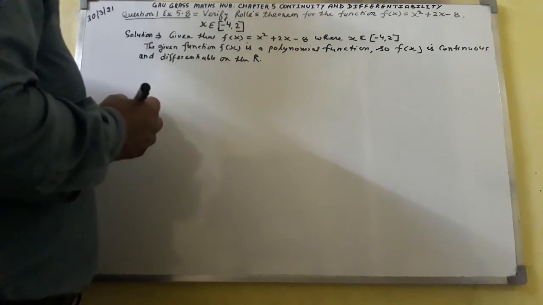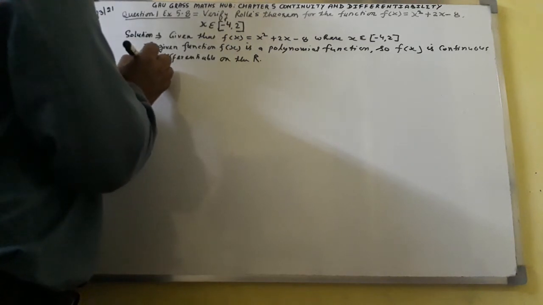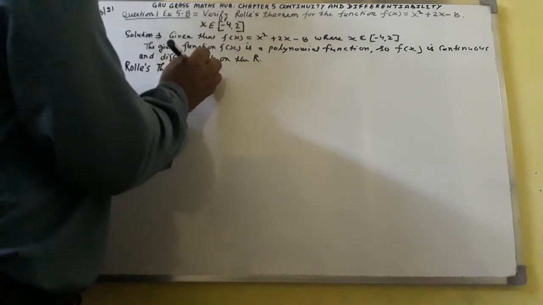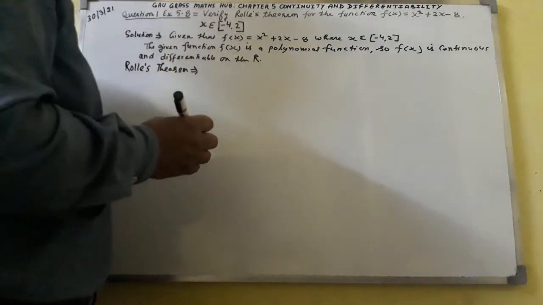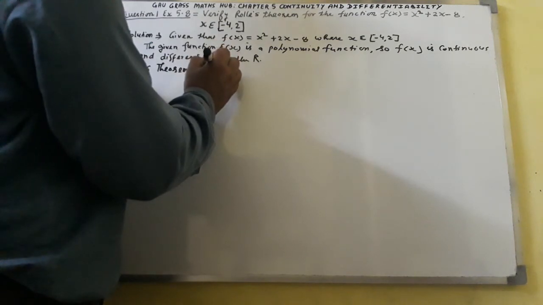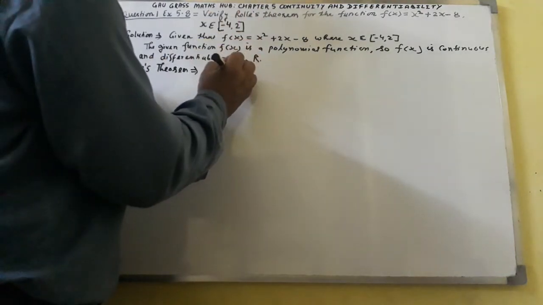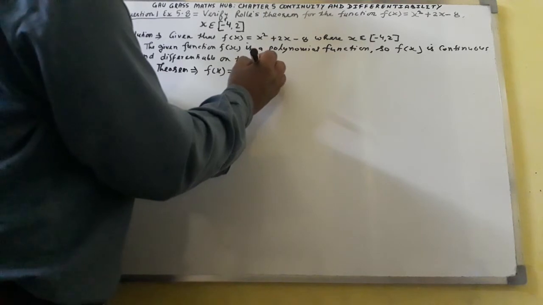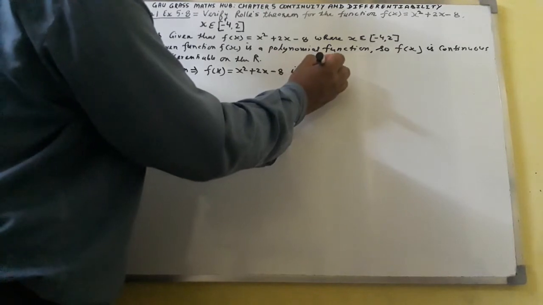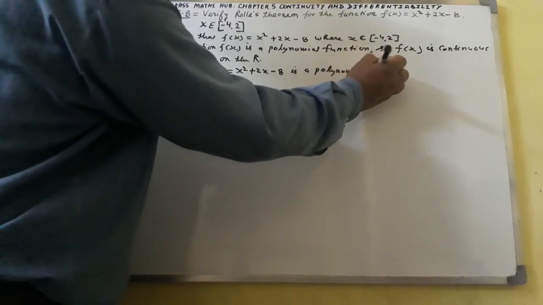Now here I shall write Rolle's theorem. Rolle's theorem implies that f of x equal to x square plus 2x minus 8 is a polynomial function.